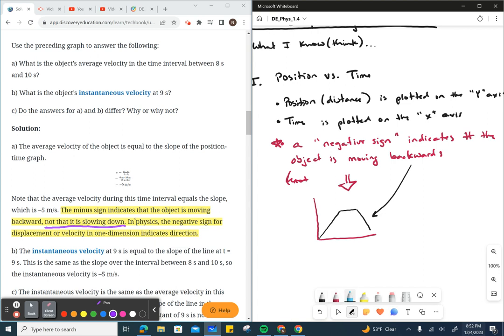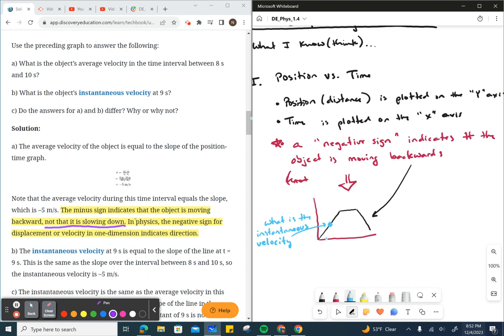Now, how do you figure out instantaneous velocity? If we wanted to know at this point right here, what is the instantaneous velocity?